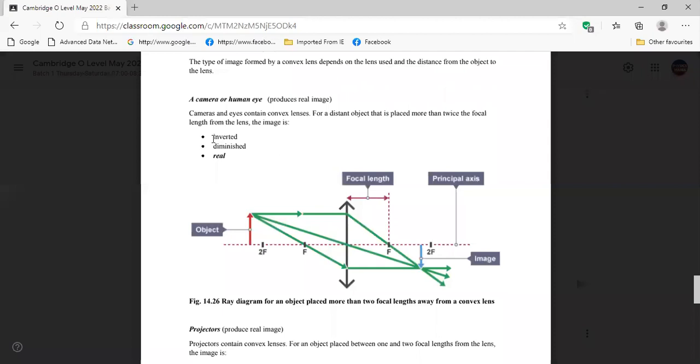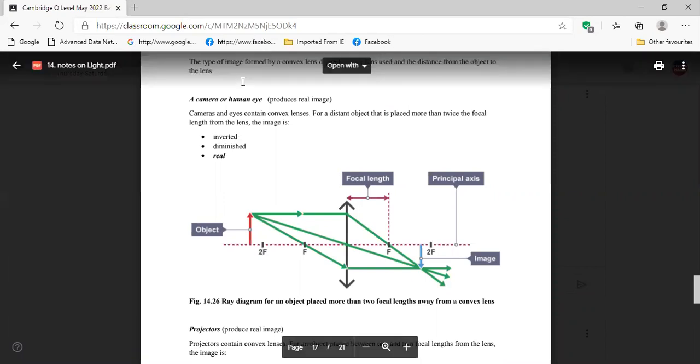First one, you write inverted, in bracket you write upside down. Then diminished, in bracket you write smaller than the object. Real you already know, you do not need to write the explanation.